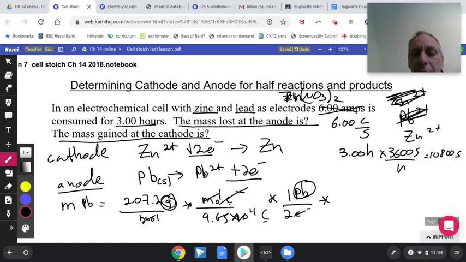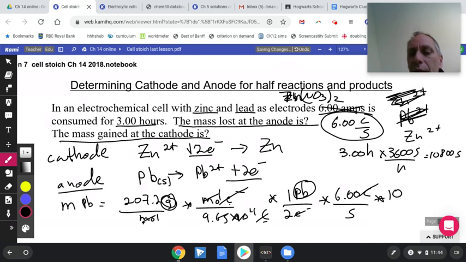I have to get rid of coulombs, and that's where this comes in, 6.00 coulombs per second. Coulombs are gone. Last thing I have to get rid of is seconds, 10,800 seconds. All my units cancel out. I'm left with grams of lead.